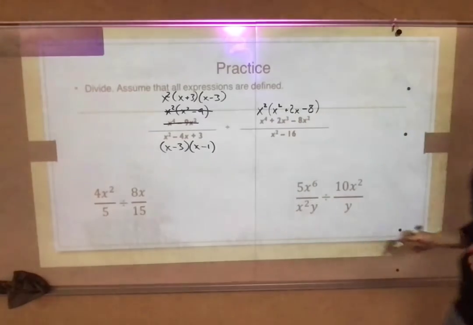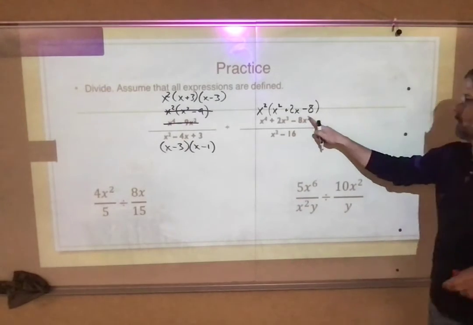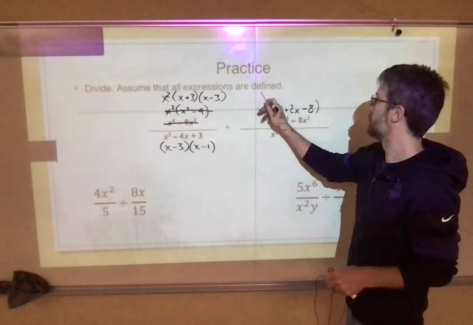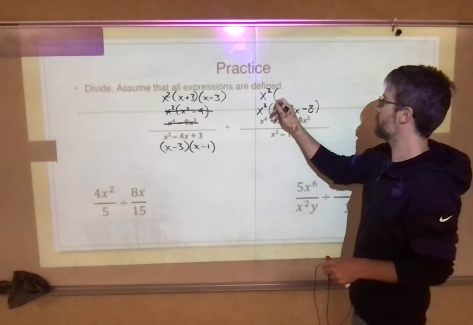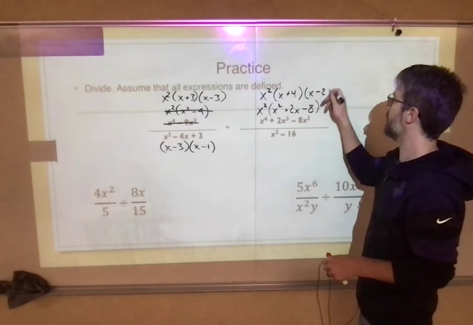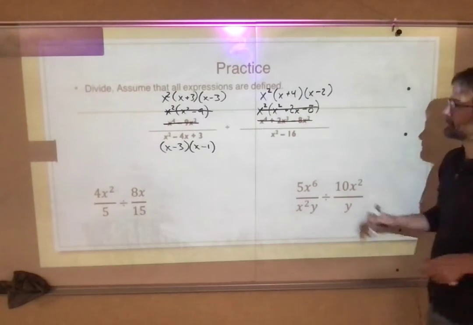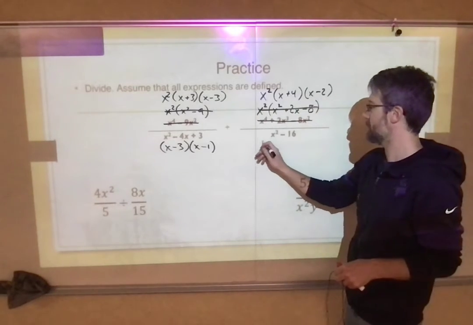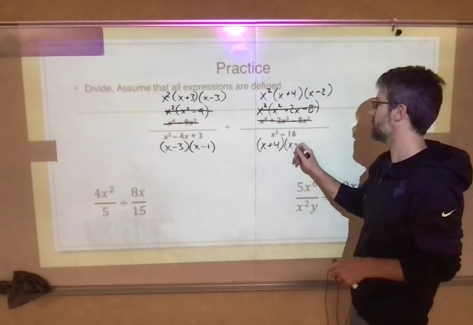Is that one factorable? Yeah, 4 and 2. So it multiplies to negative 8, adds to a positive 2. That is plus 4 minus 2. So that takes care of those. And then x squared minus 16, that's our difference of squares. X plus 4, x minus 4.